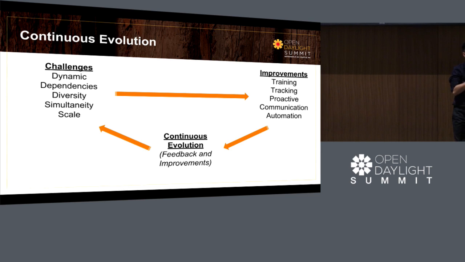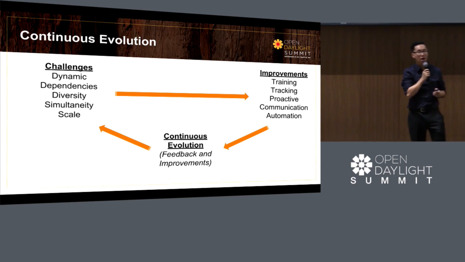And there's a tremendous amount of cross-project dependencies that exist in OpenDaylight. We have 54 projects, and they more or less depend on various other projects. So how do you manage that web of interdependencies?